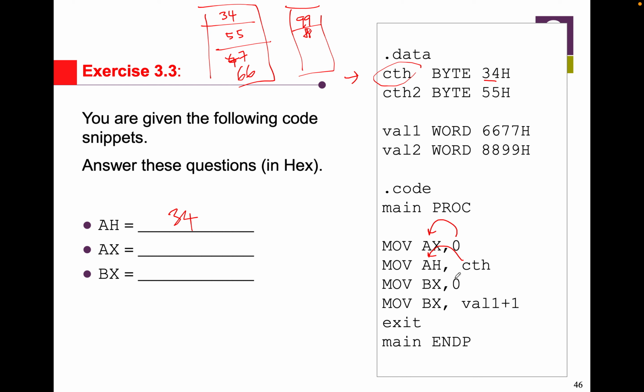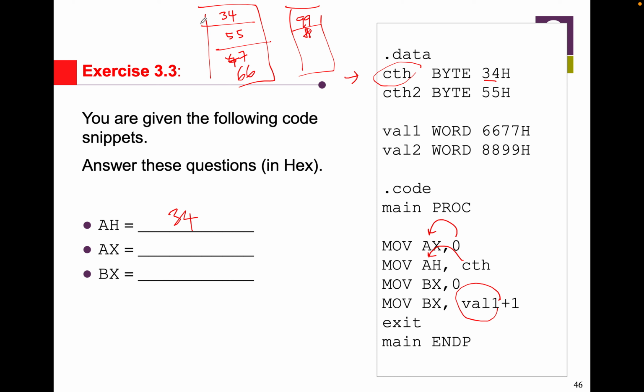And BX, what is BX? BX is 0, you clear first. BX val 1. Okay, this is your val starting from, let me check.